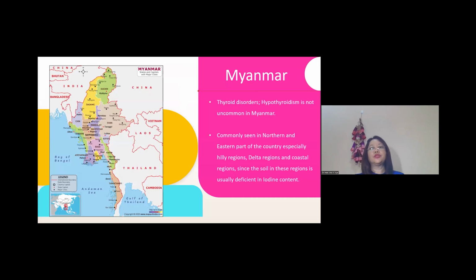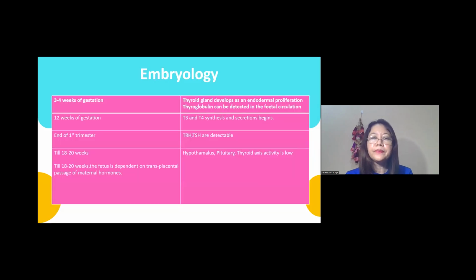So in our country, Myanmar, thyroid disorders, hypothyroidism, are not uncommon, and it is commonly seen in the northern part of Myanmar and the southern part, the coastal region, and also the delta region, since the soil is usually deficient in iodine. But it is not related to this case, because this is due to thyroid dysgenesis. So, going to the embryology, the thyroid gland develops as an endodermal proliferation at 3 to 4 weeks of pregnancy.